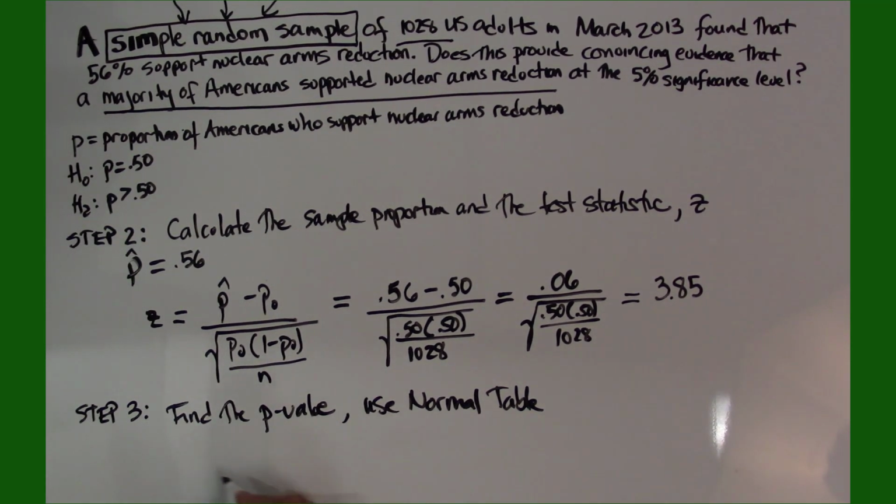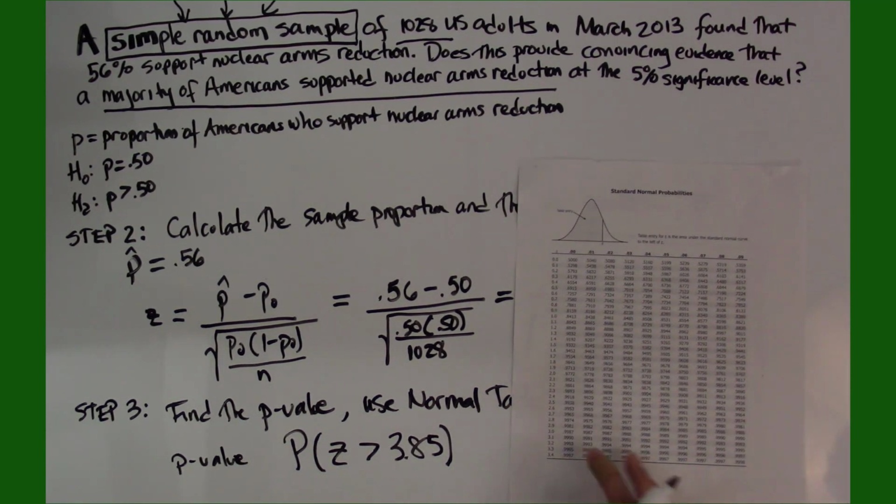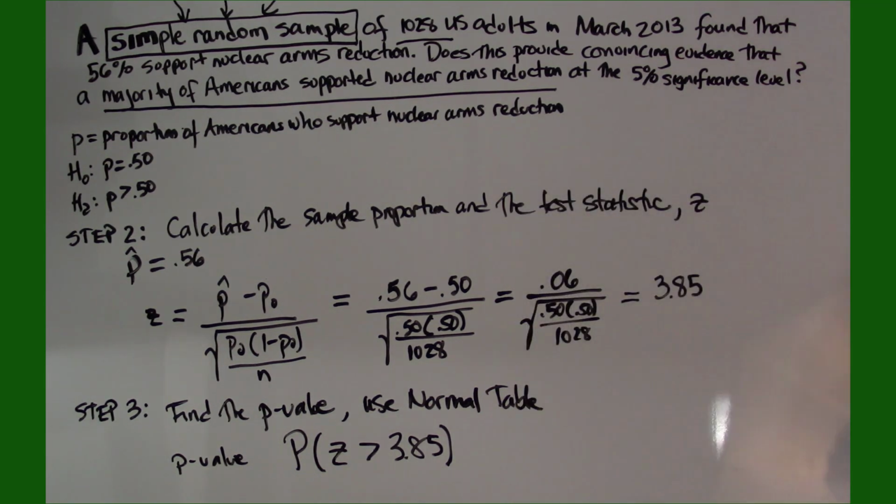In other words, the p-value is the same as the probability that z is greater than 3.85. If you look at your normal table, you'll see that 3.85 is far above the values that appear on the table. So the probability of observing a test statistic greater than 3.85 is essentially 0.